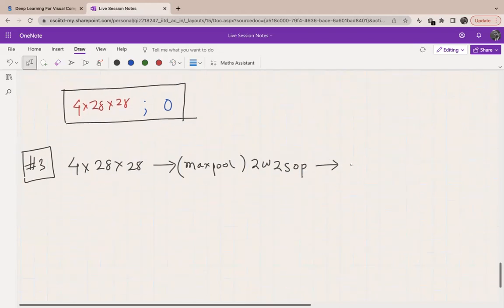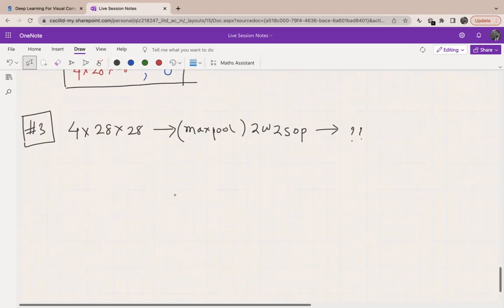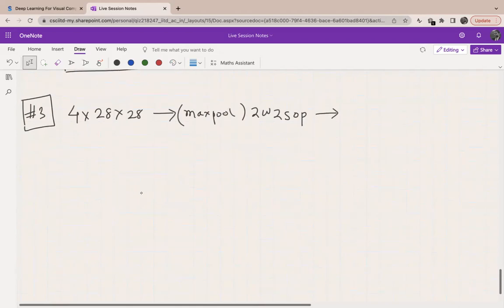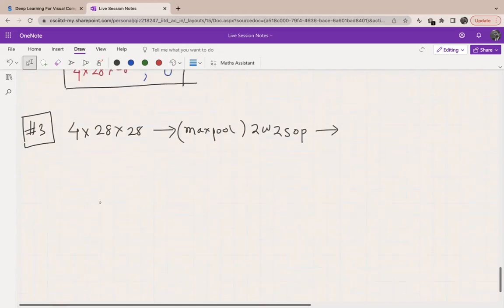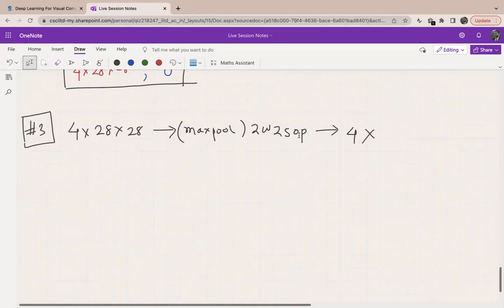And we'll see what this looks like. So for max pool, the stride is 2. The number of filters will be 4 as it is, because we're applying the same max pool filter for all the channels. So the number of layers will be 4.